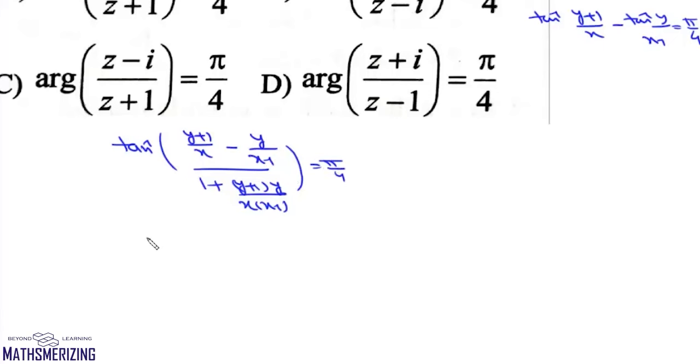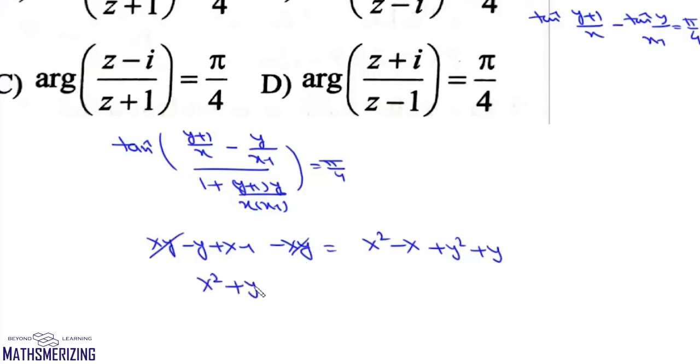We can write xy minus y plus x minus 1 minus xy, and it will be equal to x square minus x plus y square plus y. Now this xy will cancel. We can write this as x square plus y square minus 2x plus 2y plus 1 equals 0.